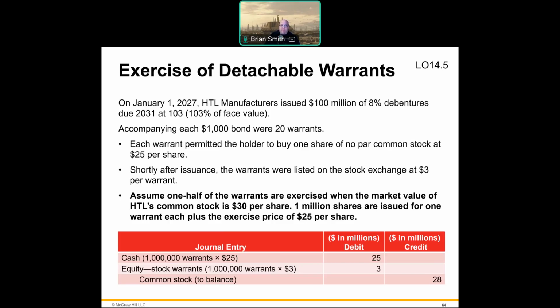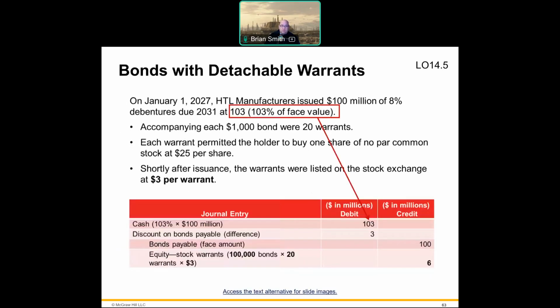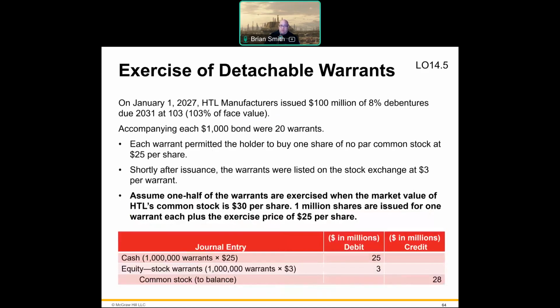Well, we got to get rid of the equity. I'm going backwards to the stock warrants, equity stock warrants. We got to reduce from 6 to 3 by debiting $3 million. And the rest of it's going to be the common stock. The common stock's going to be 28 million. I'm looking for common stock to see if it said a par value.